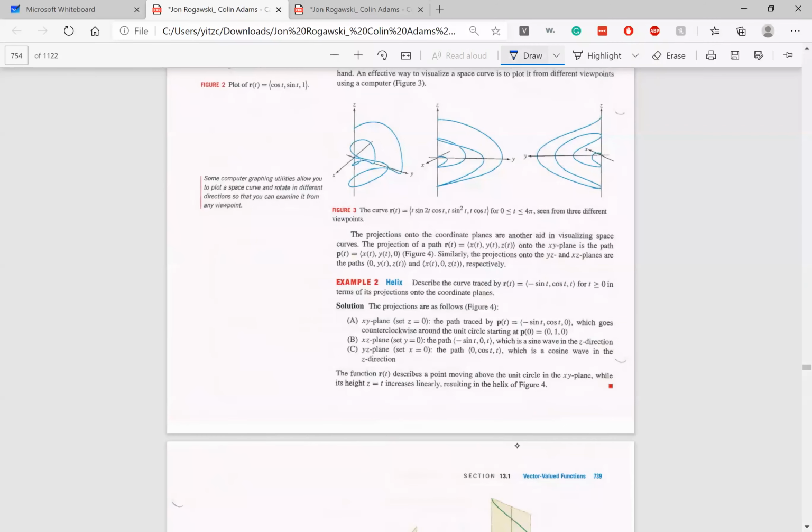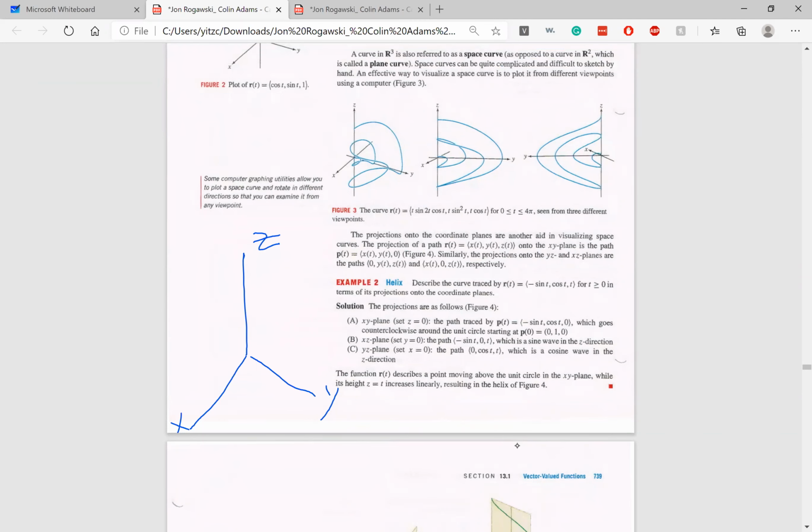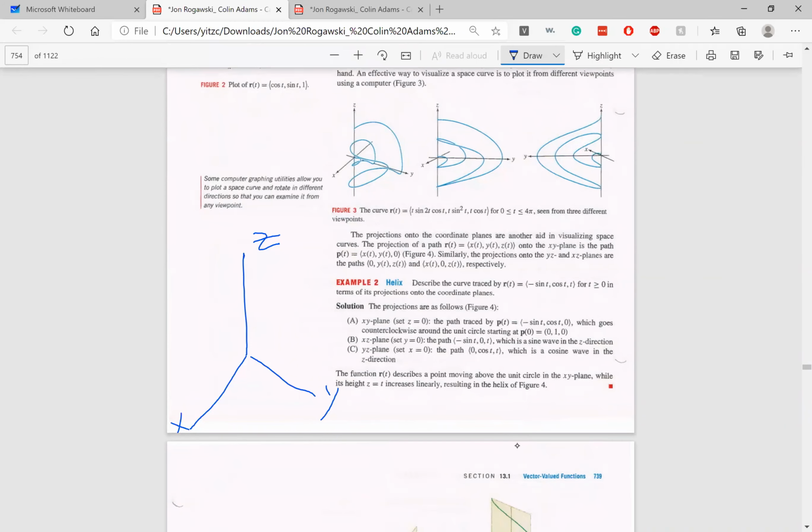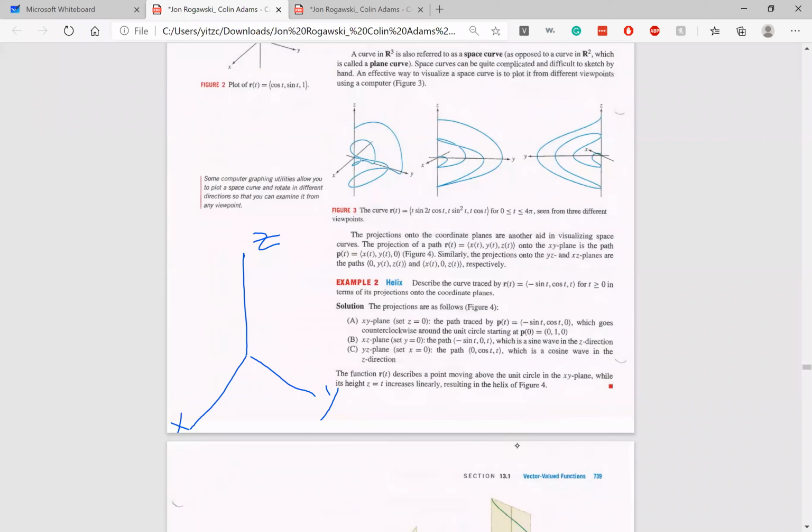So here's my x, y, and z. And in my xy plane, I can imagine that the z component is 0. And so then I have negative sine of t and cosine of t.